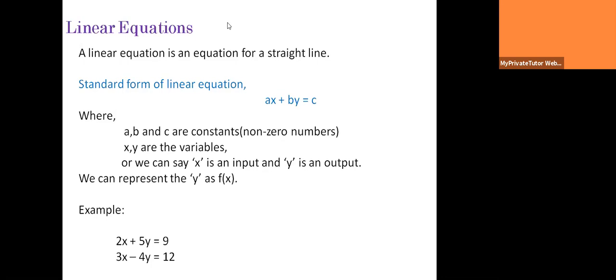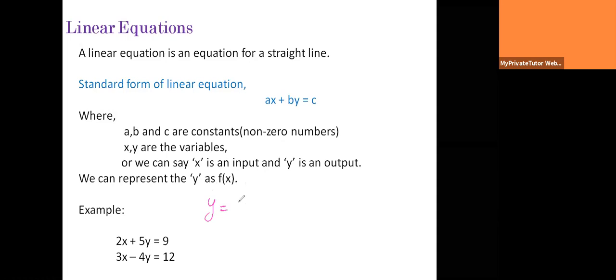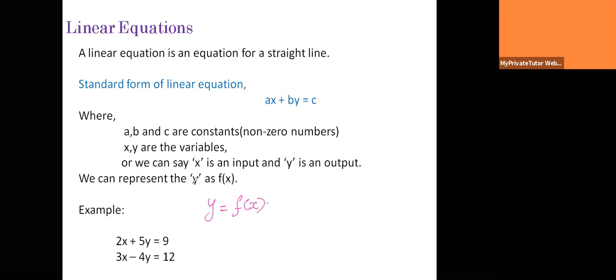Sometimes, this is a very important one. I don't think it comes in 9th class, but going forward, in the coming higher classes, we might use f of x as well instead of y. So both y and f of x are the same, which is output. Y can also be written as f of x, which is the function of x, in a sense, the function in terms of x.